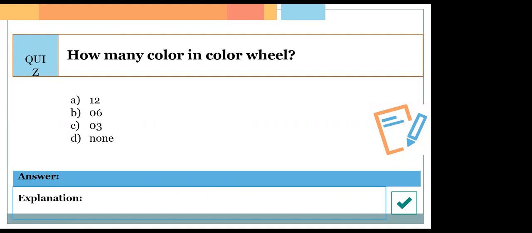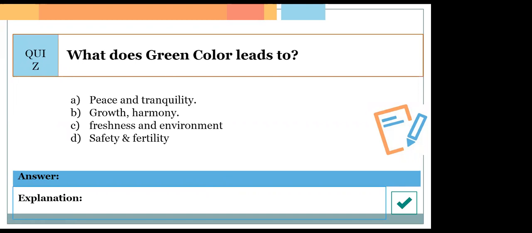Yes, 12. It's a very weird question. Let's skip this one. Freshness and environment. So it's a very subjective answer. It can be anything.